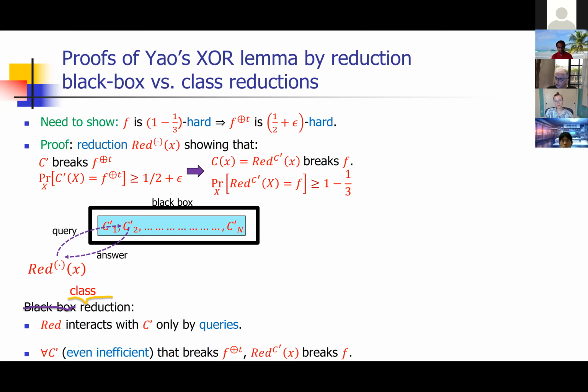So a class reduction is a reduction, but it only needs to perform if it is given an oracle that is efficient. This is the new component in this work, for example, in this famous work by Hirahara. And the main result of this paper is that it is impossible to solve open problems 1 and 2, even if you use class reductions. And in fact, even if you use a very strong flavor of class reductions, but are allowed to receive non-uniform advice on the oracle C prime.